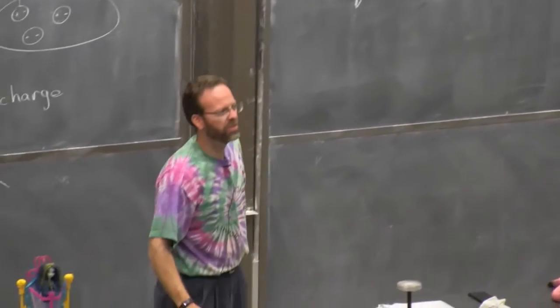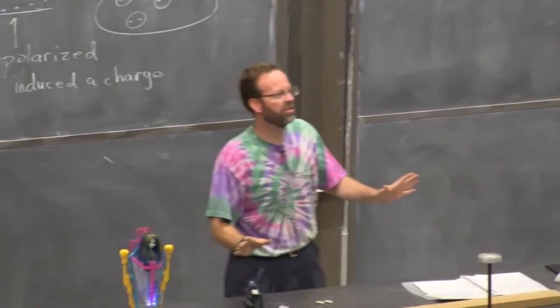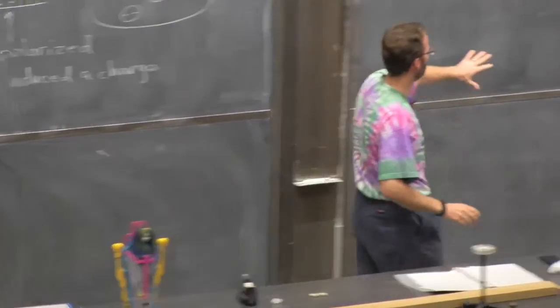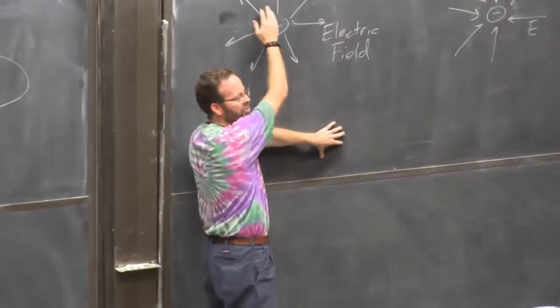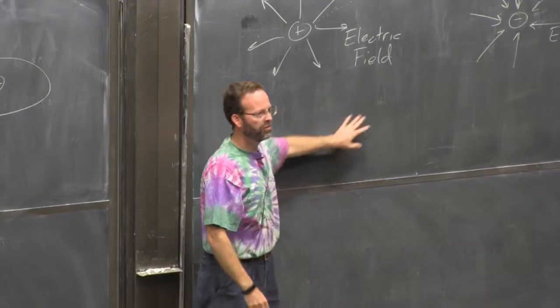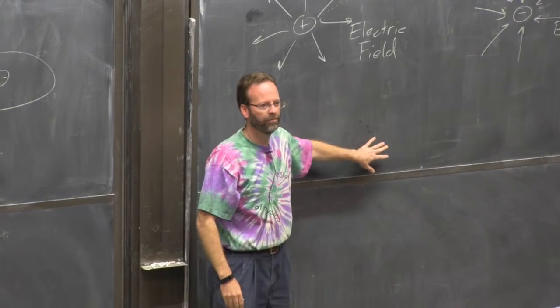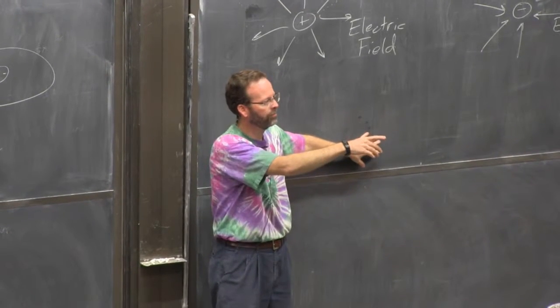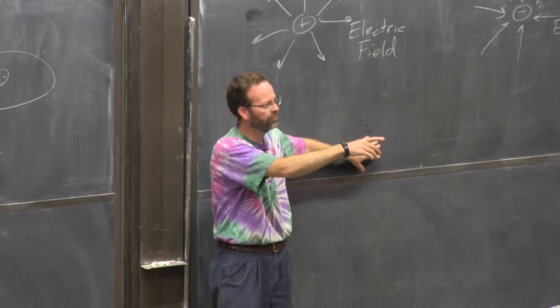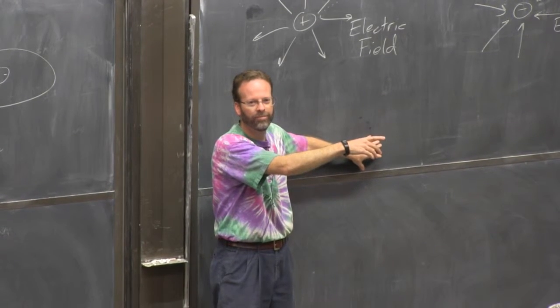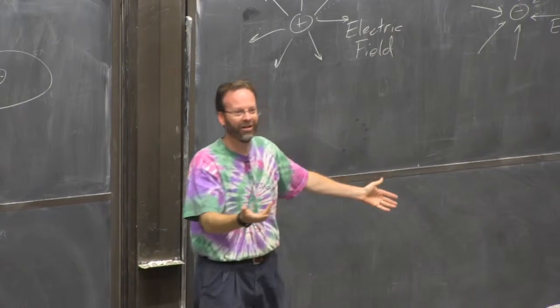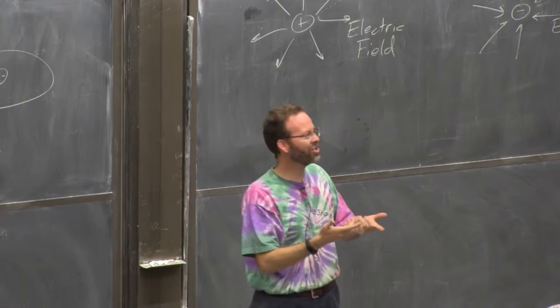Now, something else I want to emphasize. Electric fields can exist in space. There's an electric field right here, created by this charge. Is there a force here? No. How come? What's a force require? An interaction.